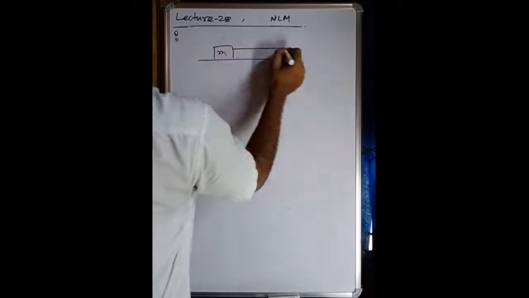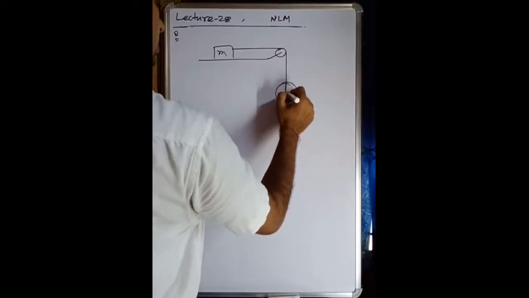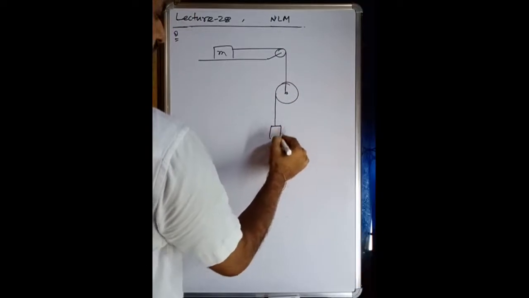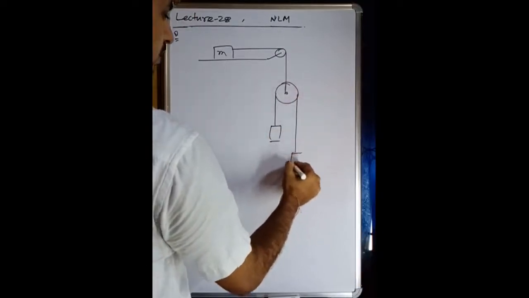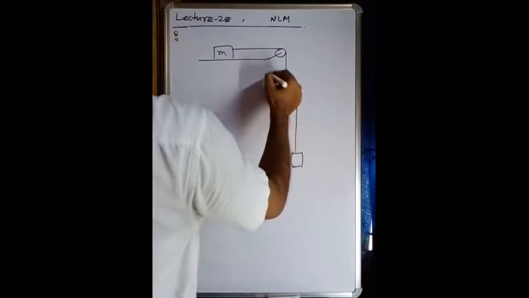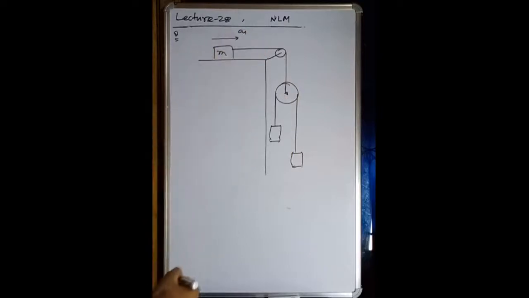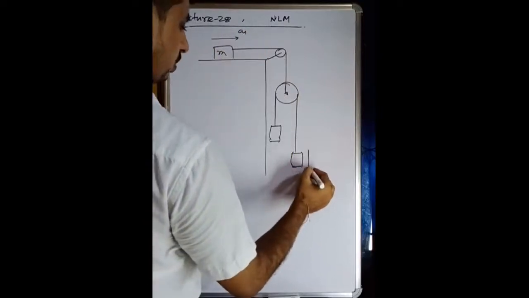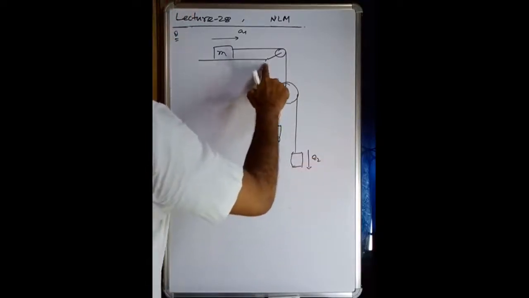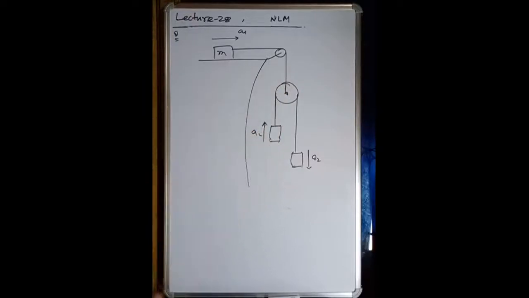This is the mass M going over a pulley, another pulley, and two masses are hanging over this pulley. Suppose it is going with an acceleration A1, and it is going with an acceleration A2.